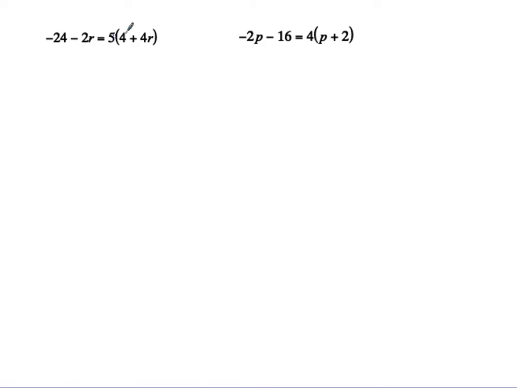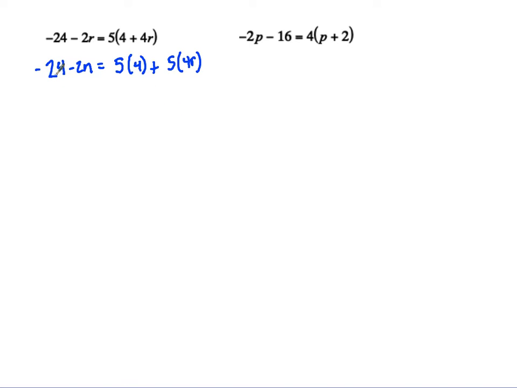Here, back to a couple of simpler ones, I think. We've got just the distribution on each side, and then we'll be able to start solving pretty quickly. So negative 24 minus 2r equals 5 times 4 plus 5 times 4r.